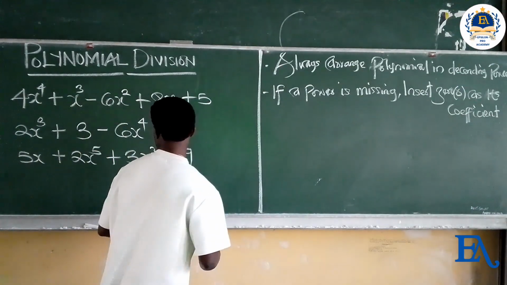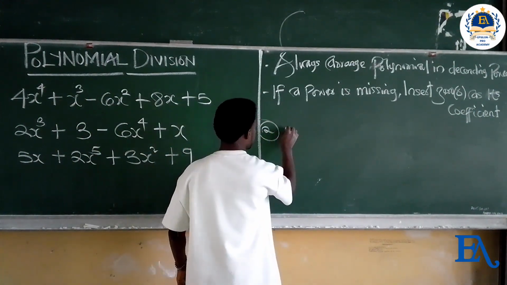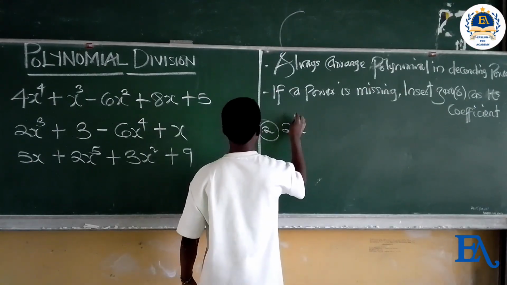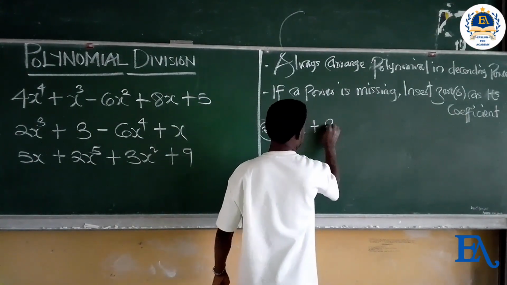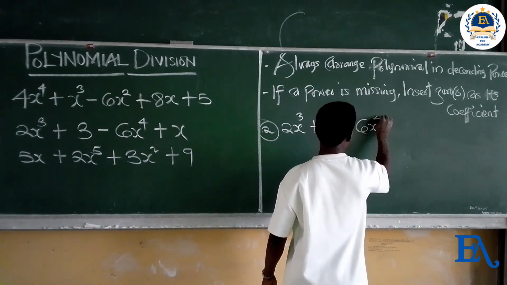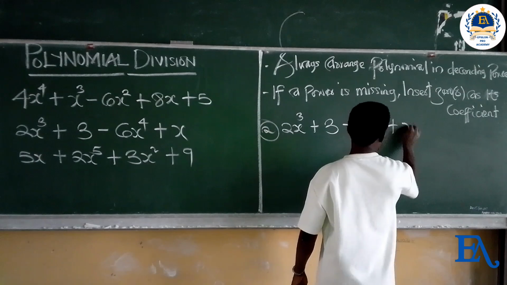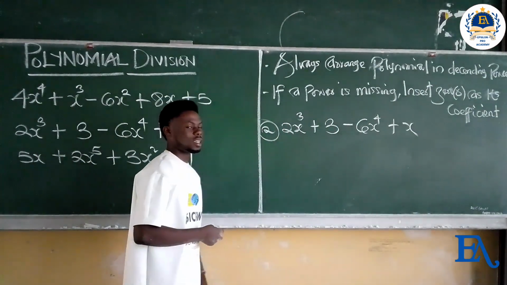Using the principles, the second one is given as 2x^3 + 3 - 6x^4 + x. So we are going to arrange the polynomial in descending powers.